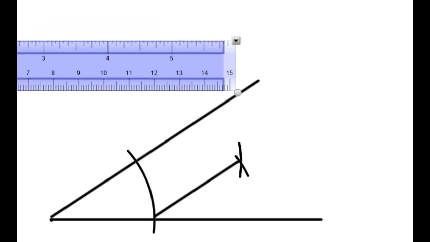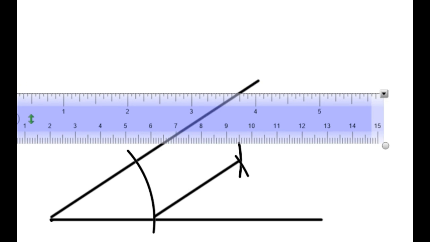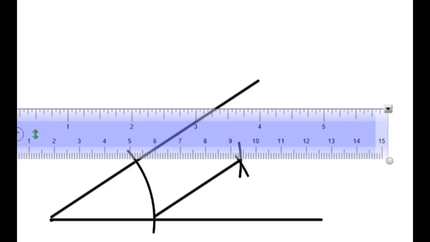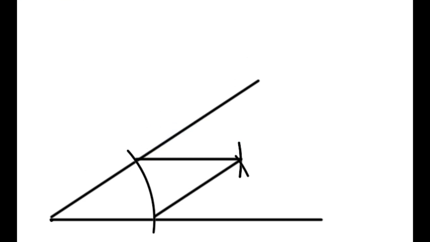So we'll straighten out that ruler and connect up the last two vertices. And there we have it. We have a rhombus, a quadrilateral with four congruent sides.